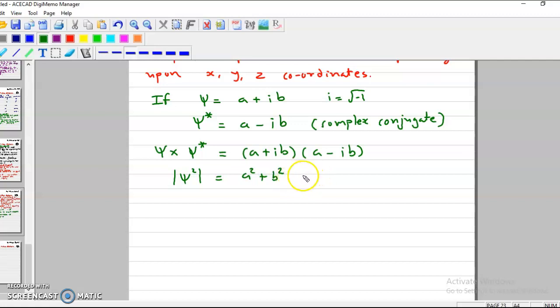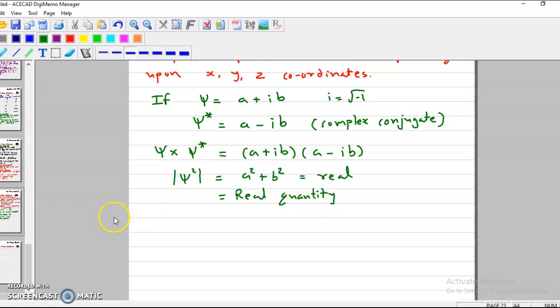There is no imaginary value i in this, so this must be real. So psi square always represents a real quantity, and therefore we can interpret psi square.